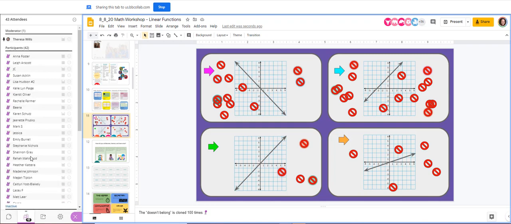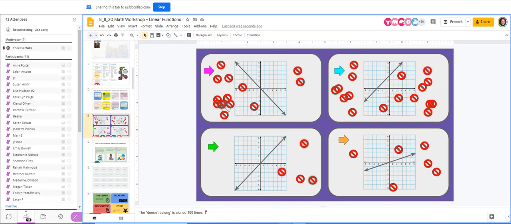Now, if your idea is shared by somebody else, you may go ahead and put your hand down, but please give them the connection symbol or a way of saying "me too," and you can use any emoji in the chat box to show that. If you have a second idea, put that hand back up, and we'll keep going till we hear all these different ideas. So we'll start off with Anna.